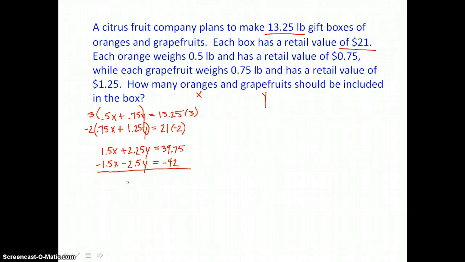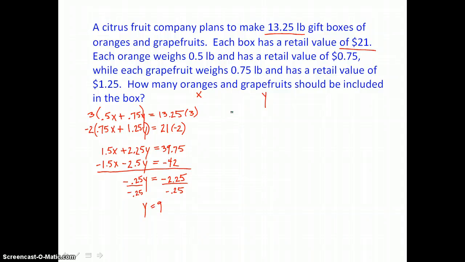And when I add my y terms together, I get -0.25y. On the right hand side, I get more negatives than positives, negative 2.25. Okay, and dividing both sides by negative 0.25, I find out that y, or the number of grapefruits, is equal to 9.